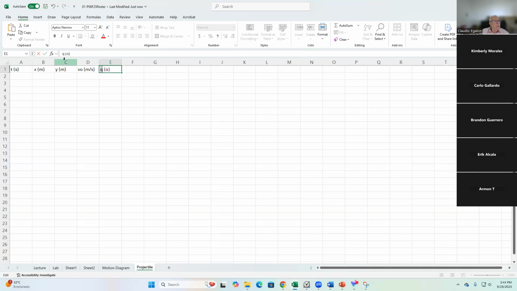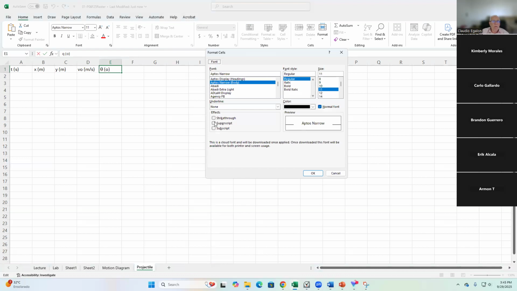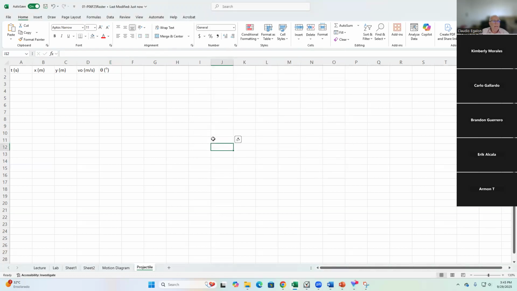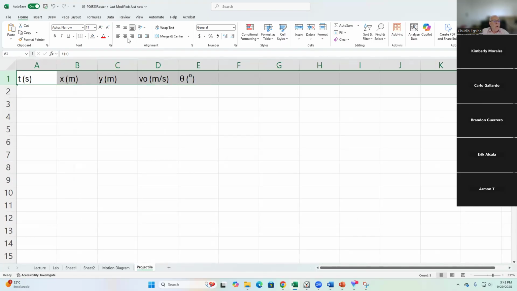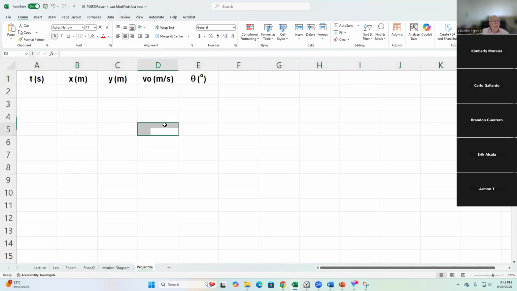Launch angle, symbol. This guy here is going to be superscript. This one is going to be subscript, right?